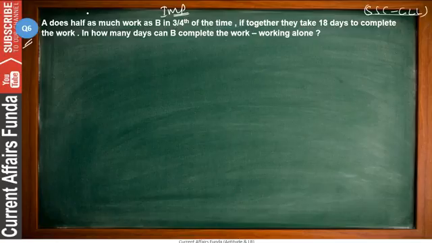So first of all, read the question very carefully. A does half as much work as B in 3/4 of the time. That means there are basically two entities, A and B. Okay, if we are talking about the work, A does half work, that means B is doing 2 units, then A will be 1 unit.